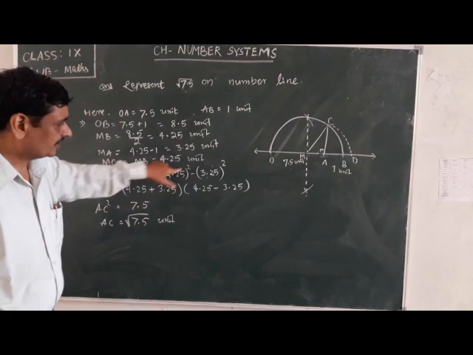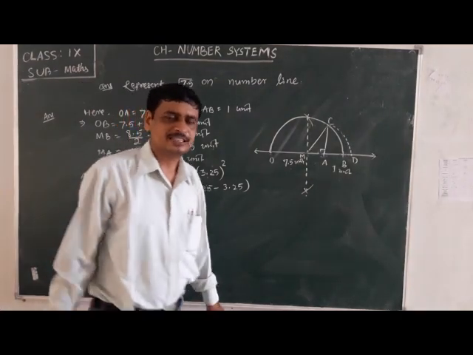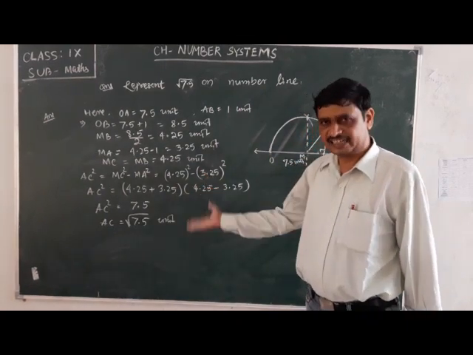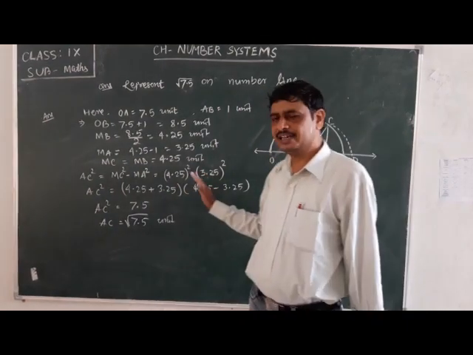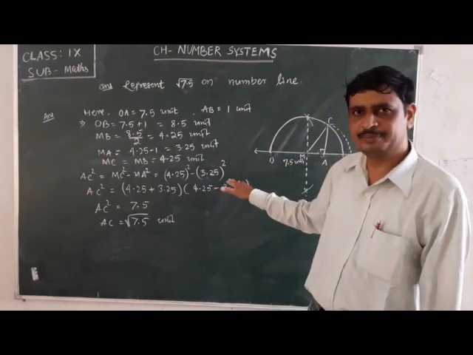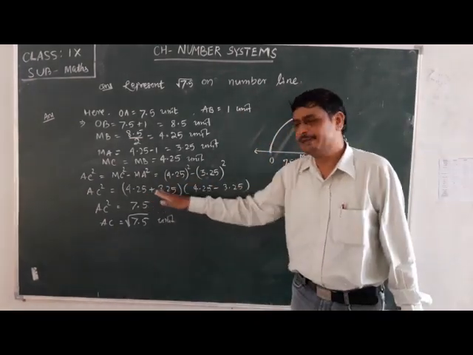Now, this part is in the form of a square minus b square. We can find the square of this number by direct multiplication also, or by using identity. Here, this one is in the form a square minus b square, that can be calculated as a plus b into a minus b.